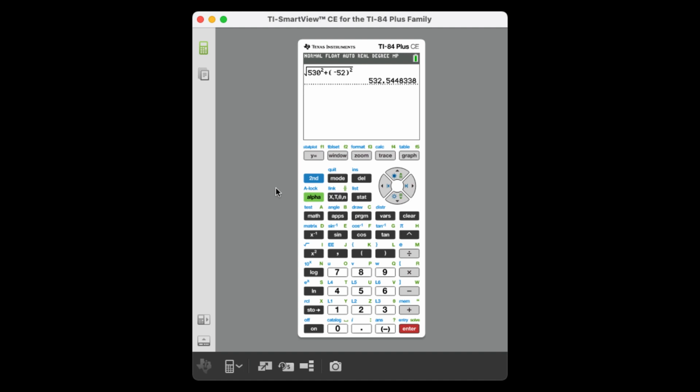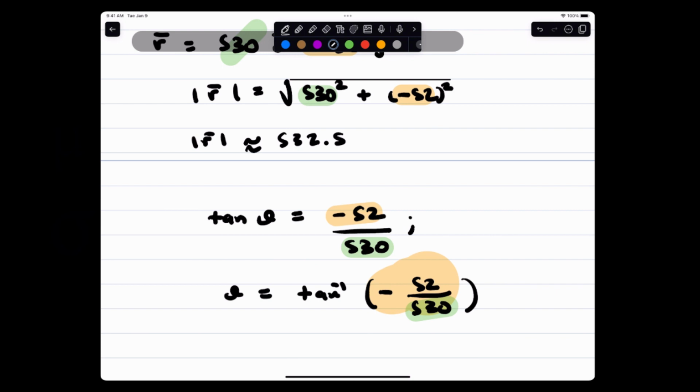That's approximately 532 point what? 0.5, yes. So what you just got here was the true speed with the wind. That's your true speed, and that is with the wind vector, W.